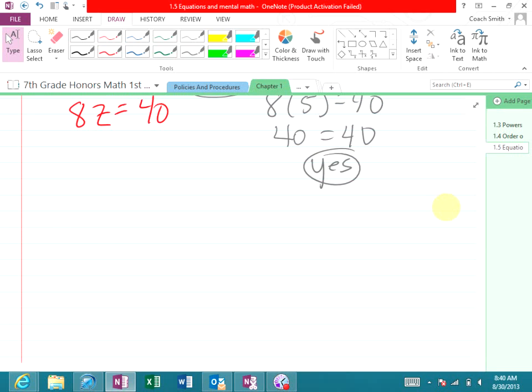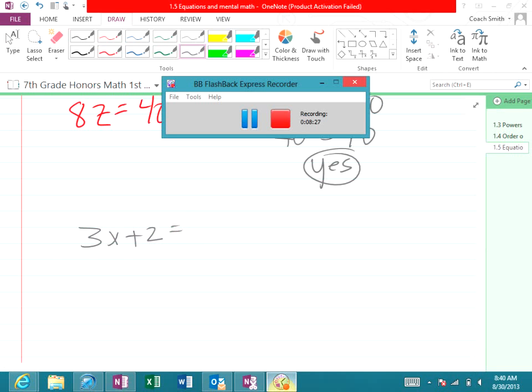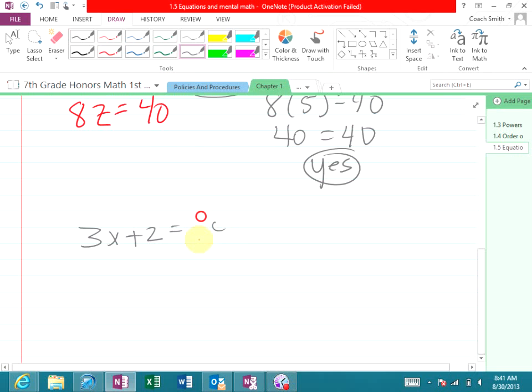What if I had this? 3x plus 2 equal 14, where x is equal to 6.